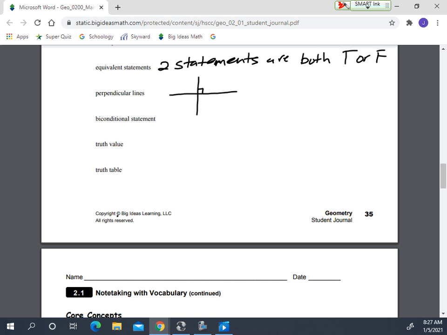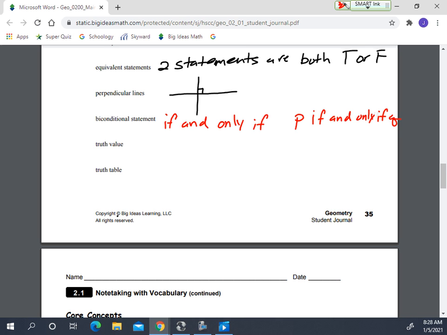Biconditional statement. It contains a phrase if and only if. So it goes P if and only if Q. Right?